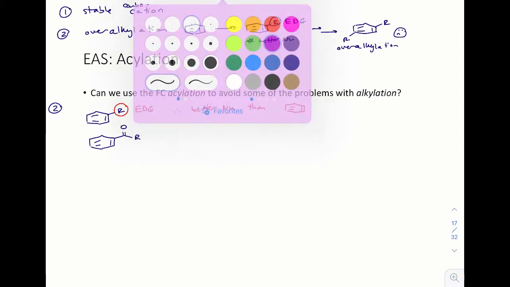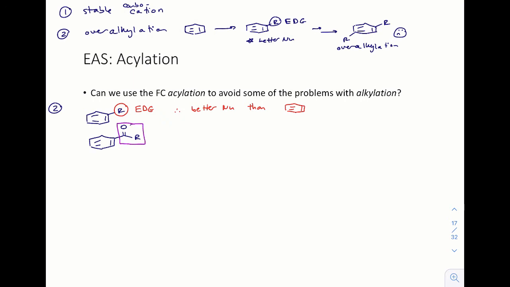On the other hand, acyl groups with that carbonyl are electron withdrawing groups, both through the sigma framework because there's an electronegative atom, but also through the pi framework. We can draw resonance structures where some of the electrons in the ring are delocalized into the carbonyl. There are 2 other resonance structures that you can and should draw.